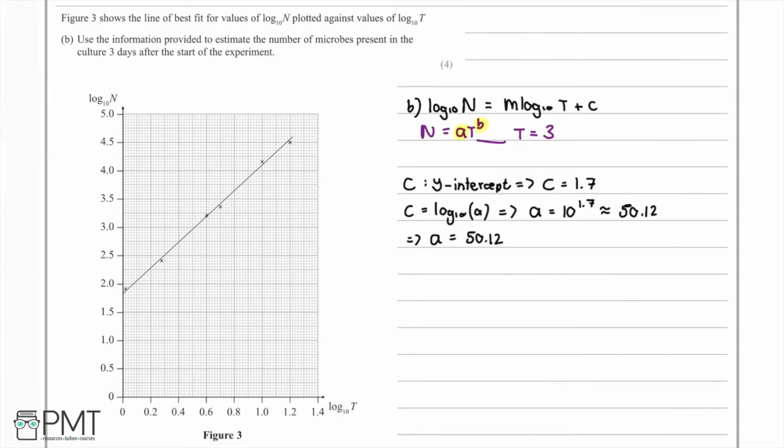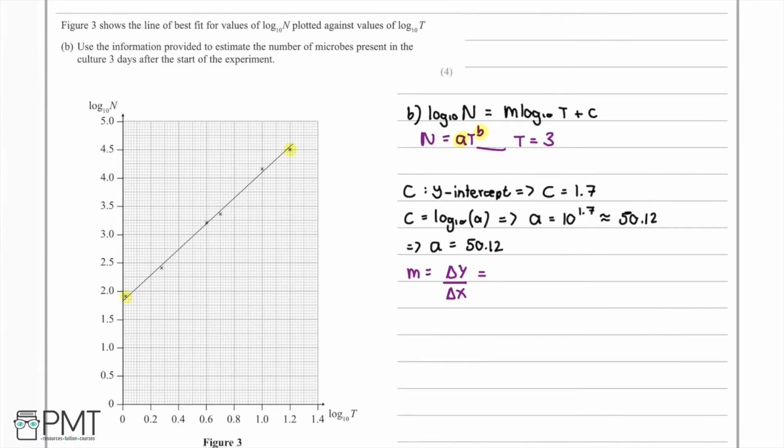And now to find the value of B, so this is the second part we need to be able to work out the number of microbes, we'll do this by working out the gradient. So we know that the gradient is going to be equal to a change in y coordinates over a change in x coordinates. So therefore we can pick out some points in the graph. Let us pick out this point here, which is going to be 1.2 and 4.5. And then if we pick out this point here, which is going to be 0.1 and 1.8.